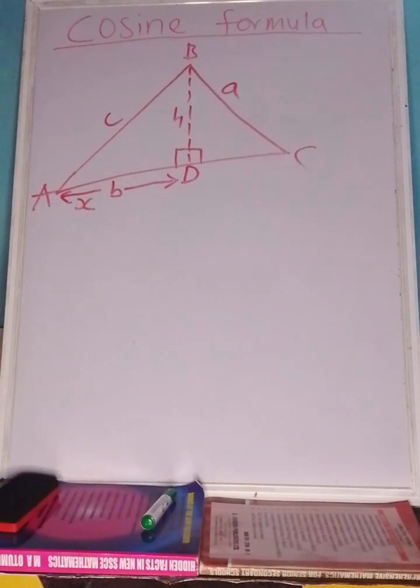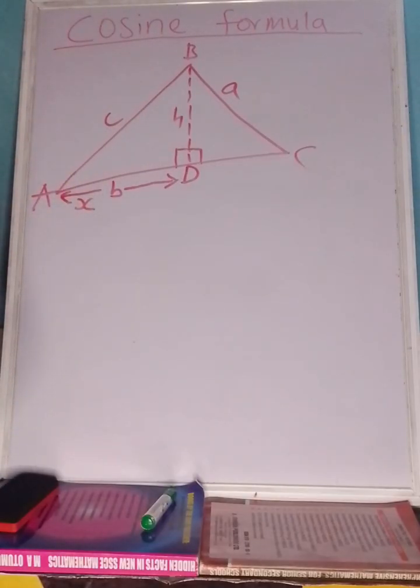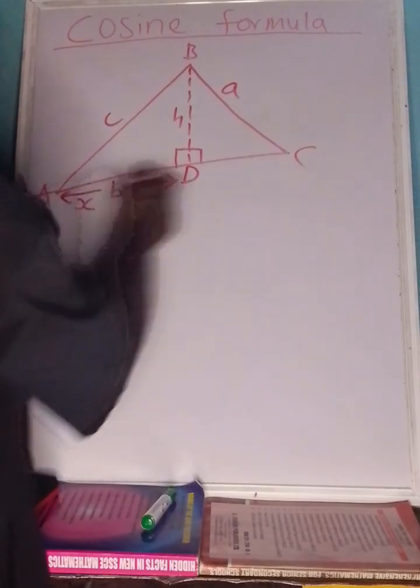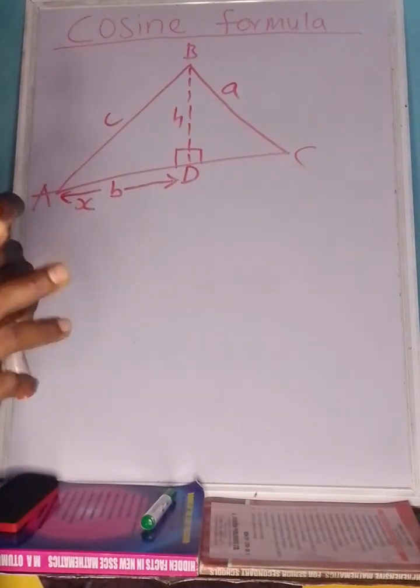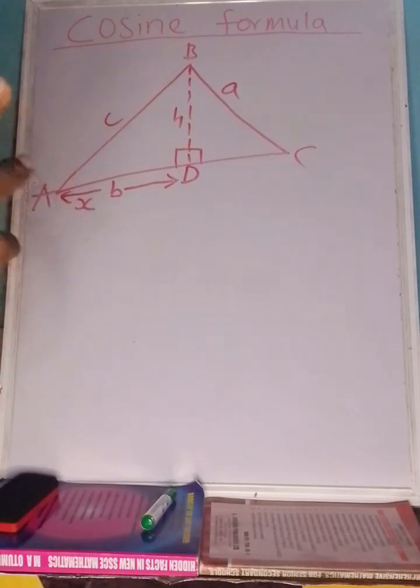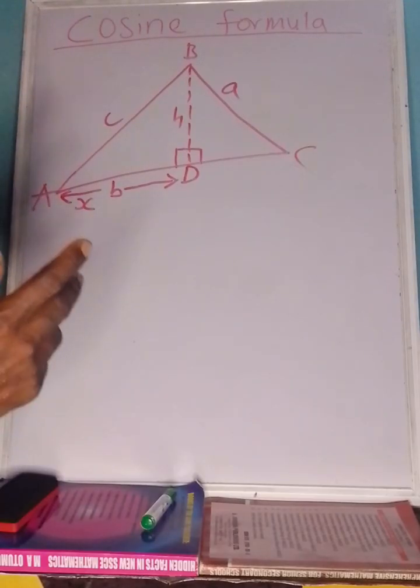And mind you, if the entire AC is b, and AD has been labeled as x, and they say you should find DC, to know the length of DC you subtract AD from the entire AC. Remember, AC is the same as b. We have divided AC into two segments.